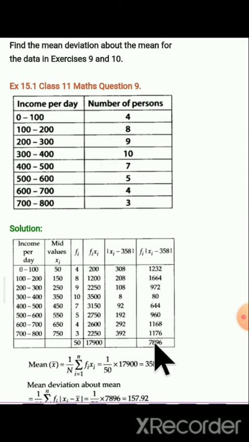Next write the formula for mean deviation about mean, that is 1 by capital N into summation of fi into |xi minus x bar|, that equals 1 divided by 50 into 7896, that is 157.92.